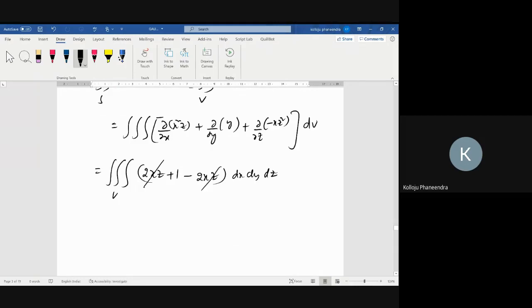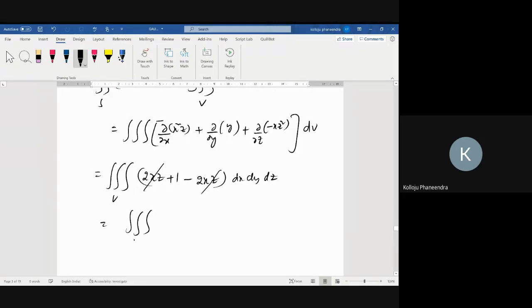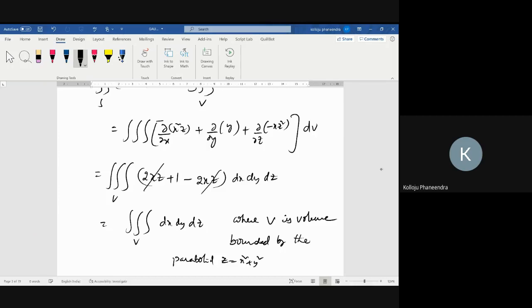So it is simple: this is equal to the triple integral over V of dx dy dz, the volume, where V is the volume bounded by the paraboloid z equal to x square plus y square and the plane z equal to 4y.